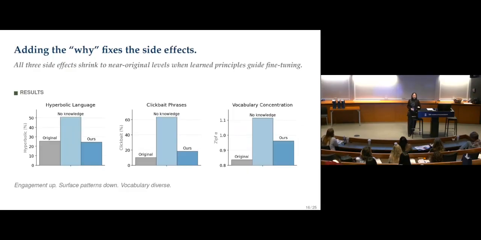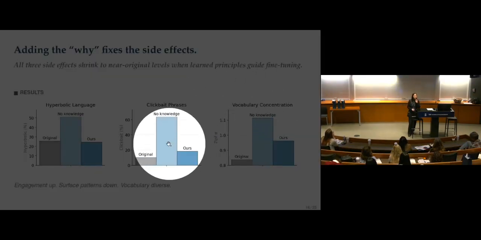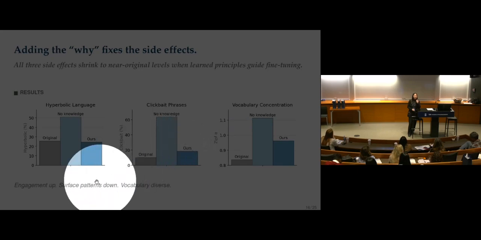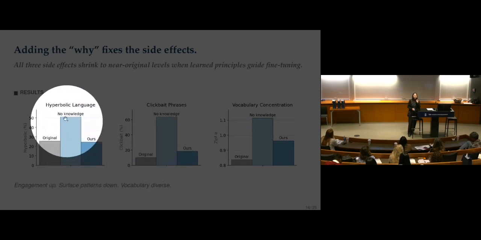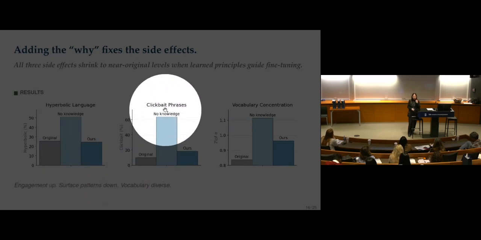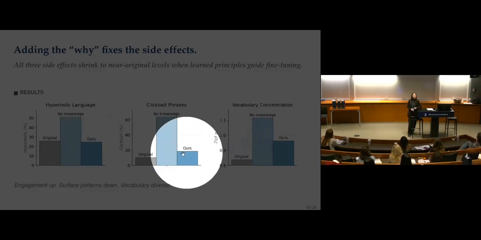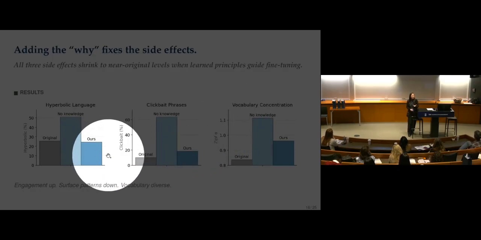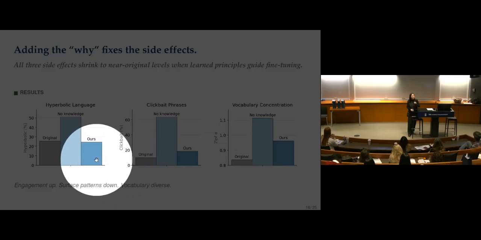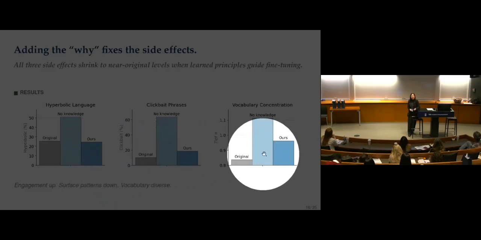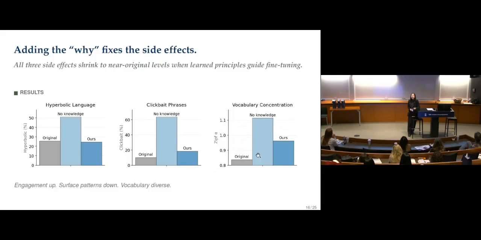If you look at the middle, if you just directly use the off-the-shelf SODA method for fine-tuning, you will significantly increase the hyperbolic language and clickbait language, and lose diversity. If we use knowledge to regularize or guide this fine-tuning behavior, you see we mitigate it significantly, in addition to achieving the 3.4% increase.